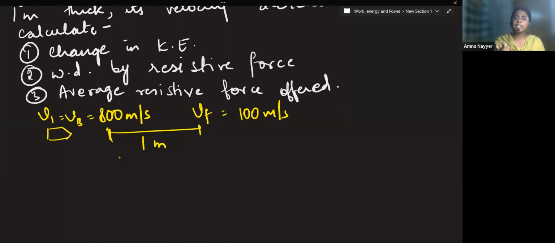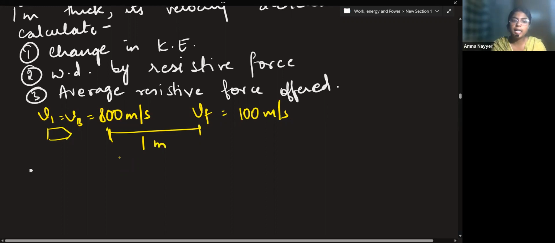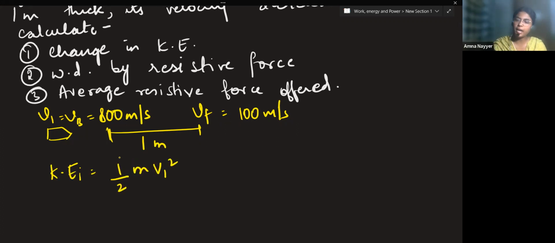So change in kinetic energy. Kinetic energy's formula is half mv square. So initial kinetic energy will become half mv1 square, and half mv2 square for final kinetic energy.